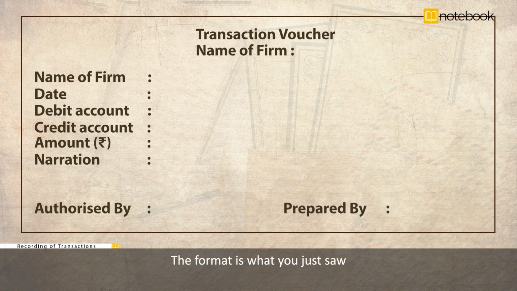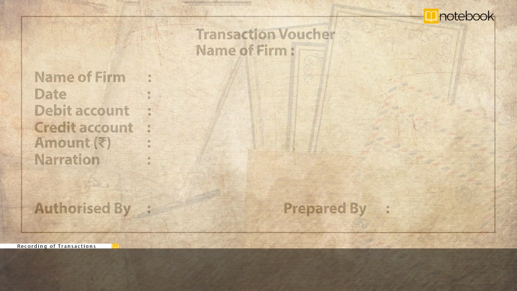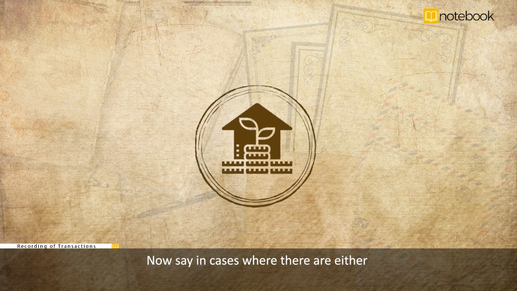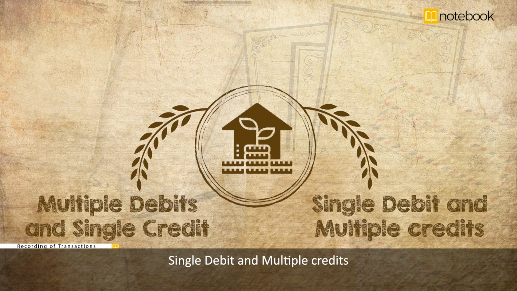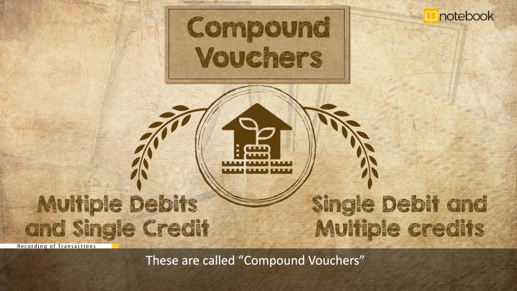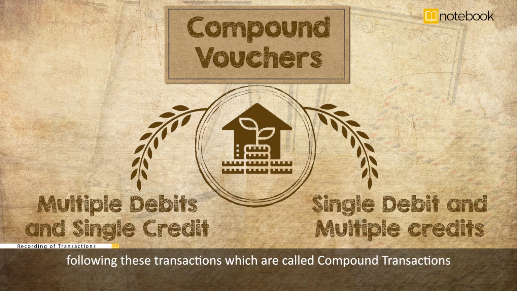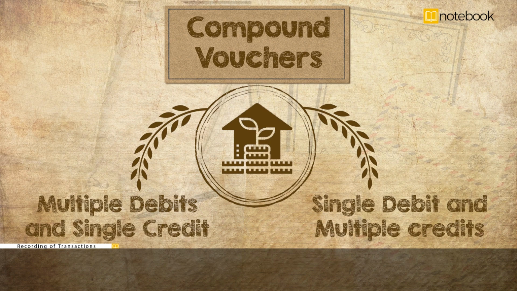The format is what you just saw. Now say in cases where there are either multiple debits and single credit or single debit and multiple credits, these are called compound vouchers, following these transactions, which are called compound transactions.